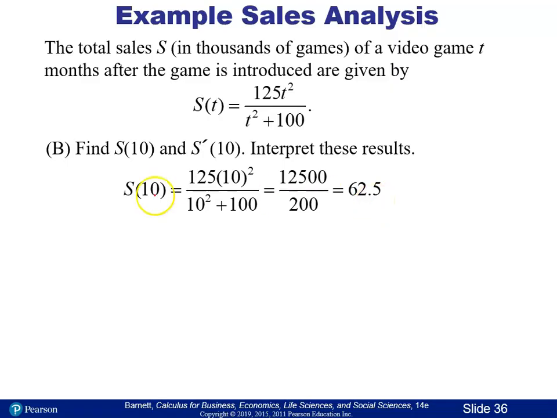Okay, so s represents the sales, and that's in thousands of games, and t represents the months. So basically, this is the total sales after 10 months. So this would be 62,500, and that's in video games. So 62,500 video games have been sold in 10 months.